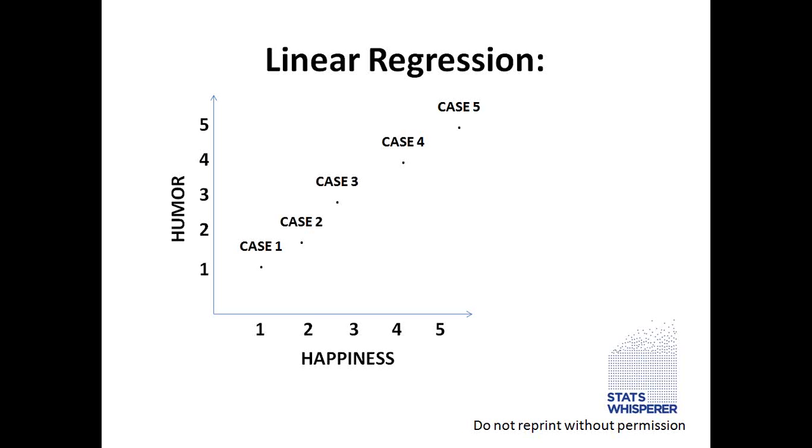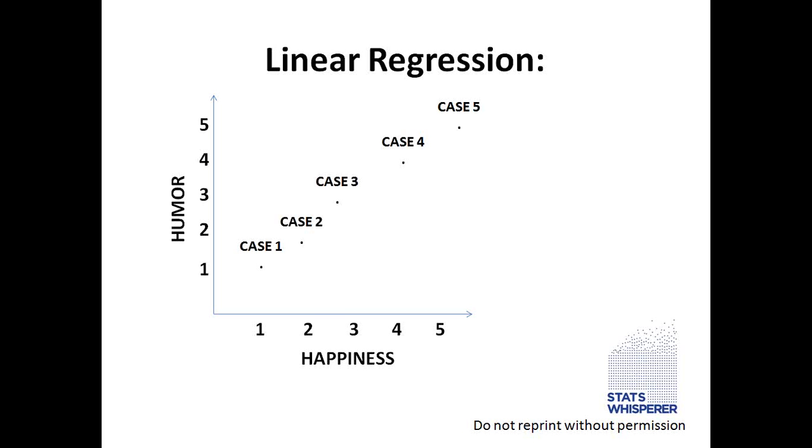We have happiness on the bottom axis, the X, that goes 1 to 5 horizontally, 5 meaning the most happiness, 1 meaning the least amount of happiness.